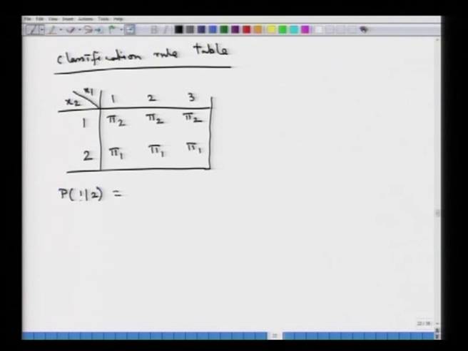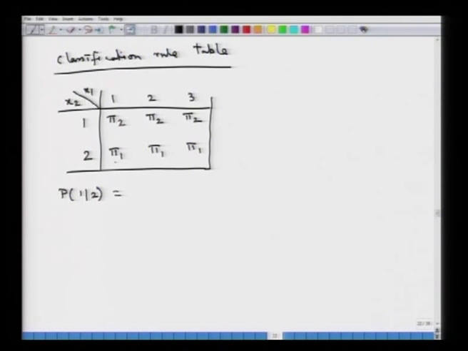This is the probability of an observation coming from the second population being classified into the first population. Under these three pairs, if an observation really is coming from the second population and we put it by mistake into the first population, we are going to be penalized, and that is the probability of misclassification.